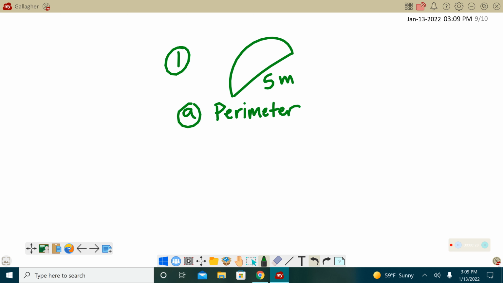So in a circle, the perimeter is measured using circumference, which is diameter times pi. But this is only half of a circle, so we need the circumference of a semicircle, which is going to be half of the diameter times pi.